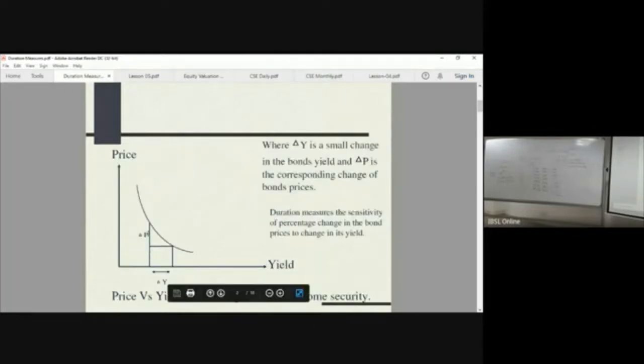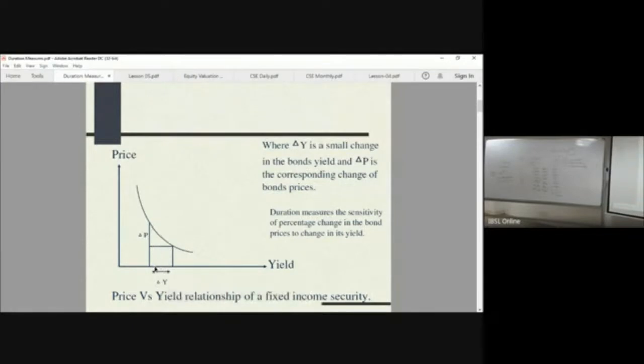Here, now there's a big curvature. Because of this curvature, the values we determine may not be correct when this assumption is not true. What is our assumption? Delta y is a tiny amount.